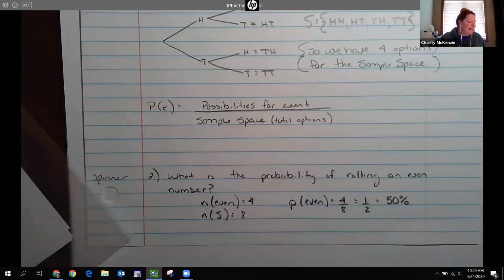So we automatically got our sample space. I think a lot of your problems will be like, how many possibilities for this event? What's your sample space? What's the probability? So we could be looking at flipping a coin, a spinner, a deck of cards always kind of throws people. We'll do some deck of cards.